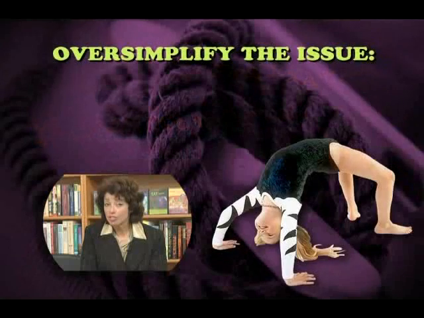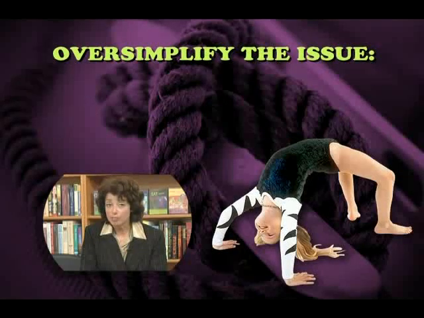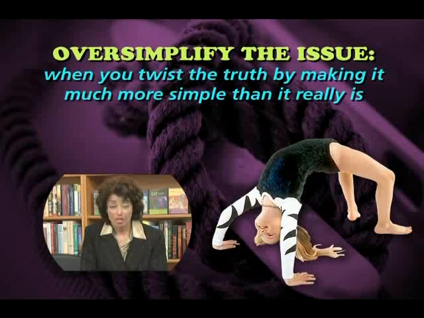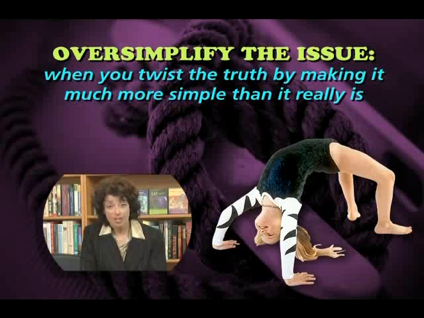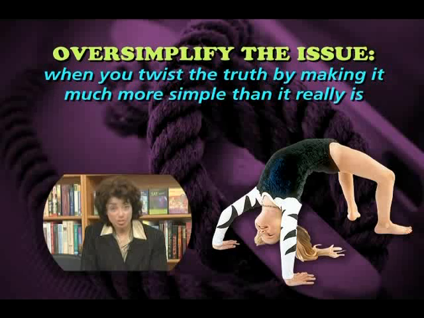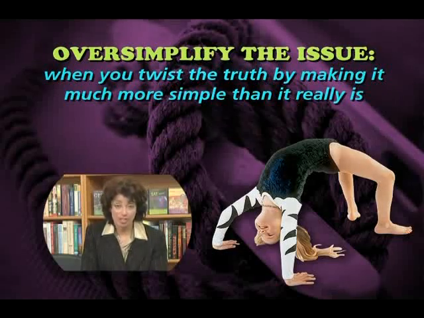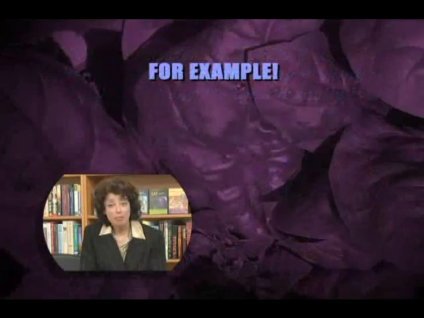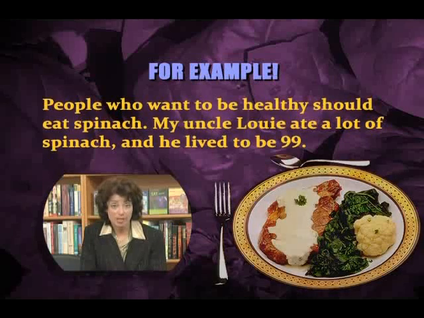You can also oversimplify the issue. That's when you twist the truth by making it much more simple than it really is. Many complex issues are complex because they have multiple causes and effects. And if you reduce it too far, you've oversimplified it and you're no longer telling the truth. For example, people who want to be healthy should eat spinach.